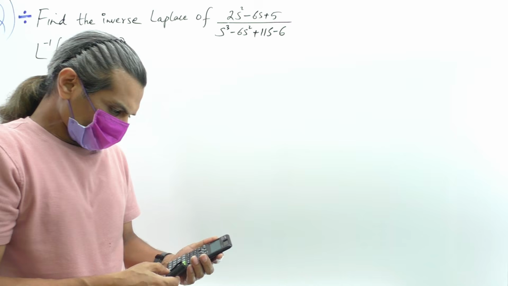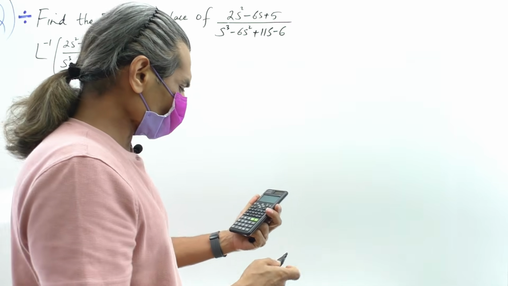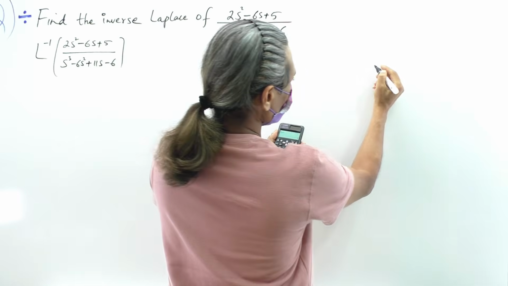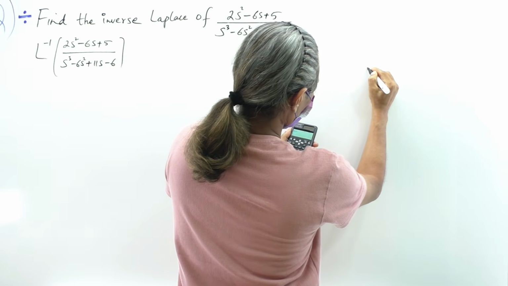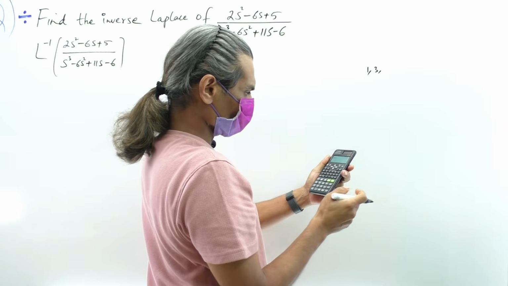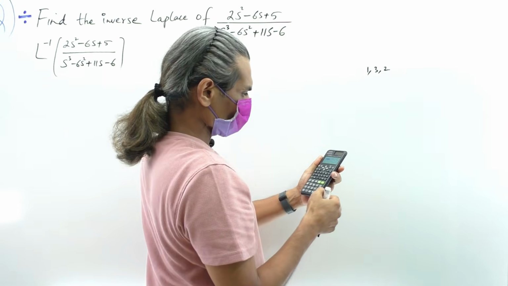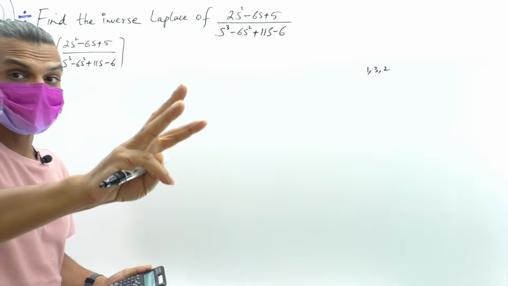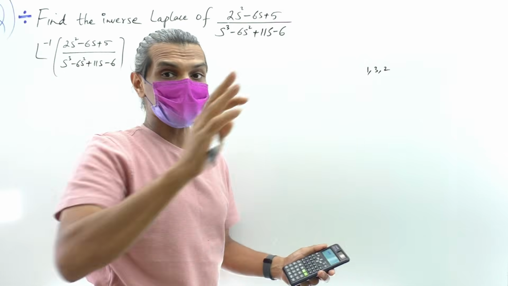See, when you press equal to, we are getting the roots here. You can write them separately: roots as 1, 3, 2. S cube has 3 roots, we are getting roots as 1, 3, 2 or 1, 2, 3.